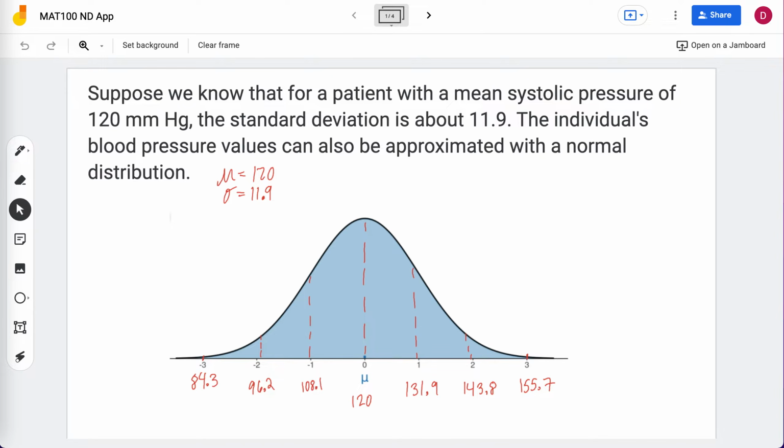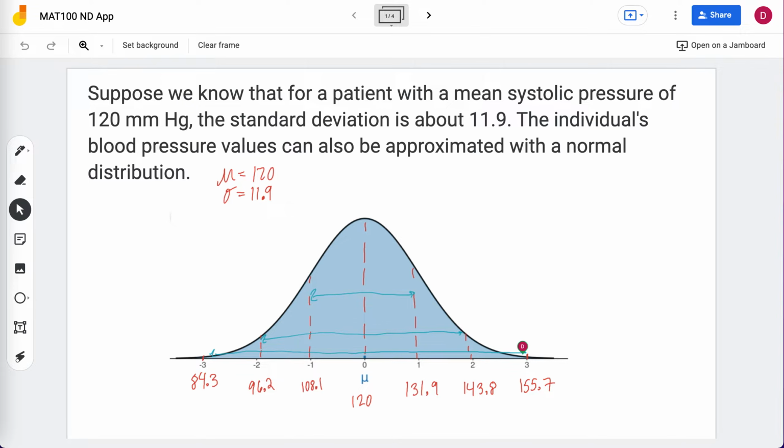The further away you get, the less common those observations are. And we calculated percentages. If it has this bell curve shape, we were able to look at the 68, 95, 99.7 rule, and we saw that there are individual percentages associated with each of these sectors.